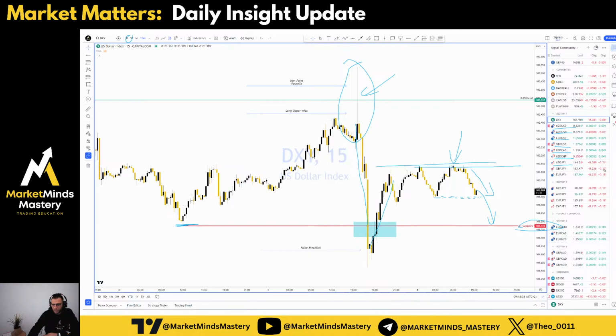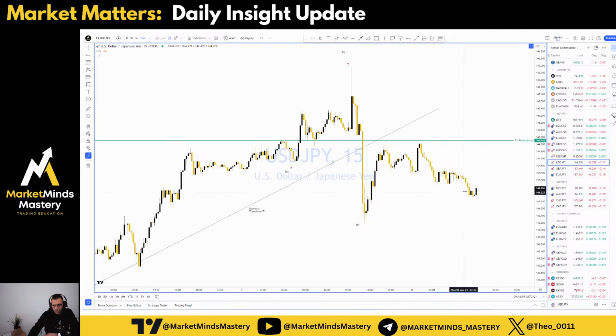As you guys know, the majority of the move in the currency market during the Asian session, as well as the Australian session, happens with the Japanese yen, right? So USD JPY, that's a 15-minute chart.